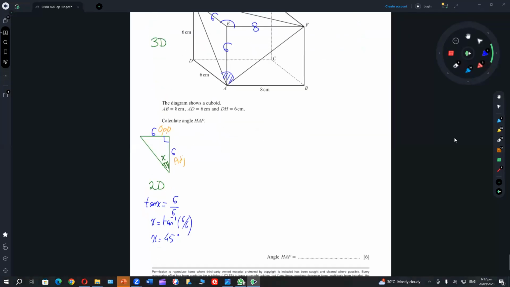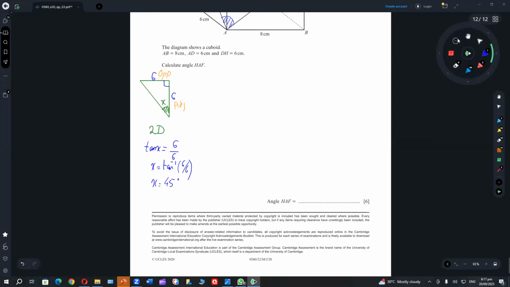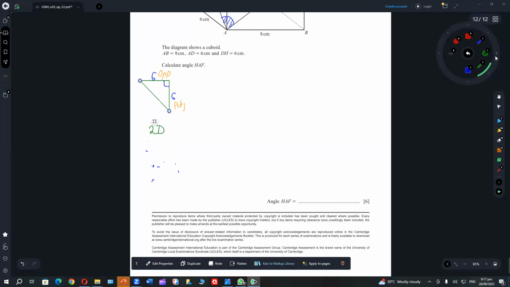Instead of going for that angle X, I'm looking for the side, because the angle part will be too long and we can solve it in a shorter way, because the marks are so high and it's a big mark question.